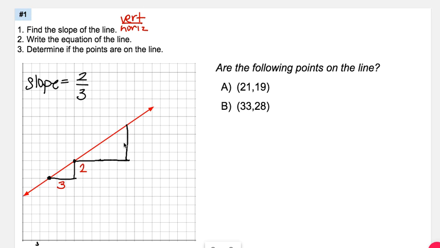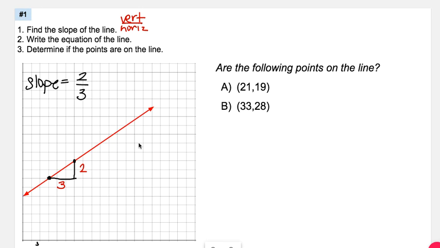I have my vertical is 4, my horizontal is 6. You could at first feel like that would be an acceptable equation, but that's not actually what we're looking for. So I'm going to show you exactly what is expected for this next part about writing the equation.